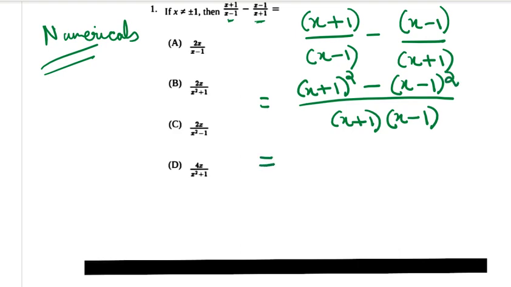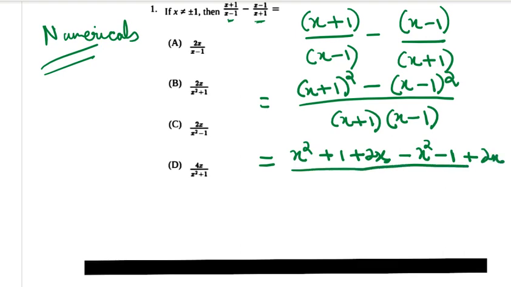So eventually from here you're going to get x square plus 1 plus 2x minus x square minus 1 plus 2x. If you open the bracket, that's what you will get. Whole thing divided by x square minus 1.